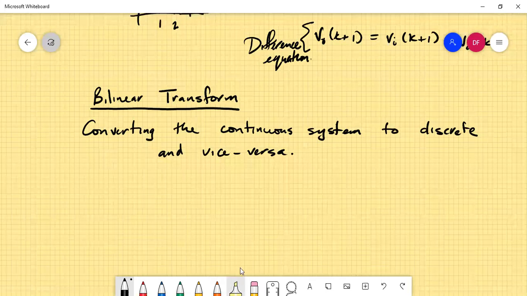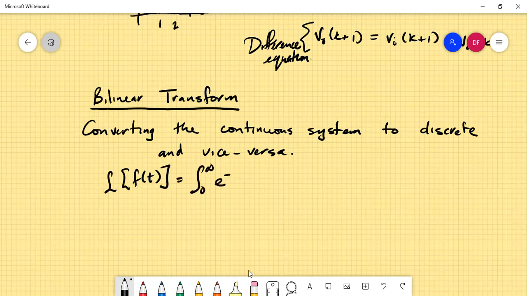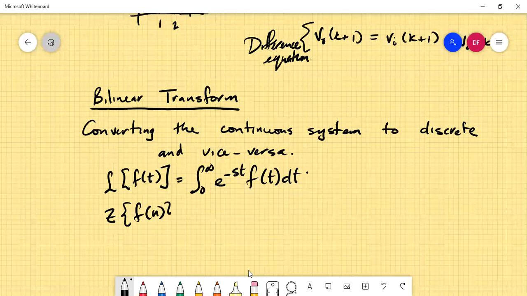All right, if I compare the Laplace transform, that's the integral from 0 to infinity of e to the minus st f of t dt, and the Z transform of a function f of n, which is the summation from 0 to infinity of z to the minus n f of n, there's no dn.